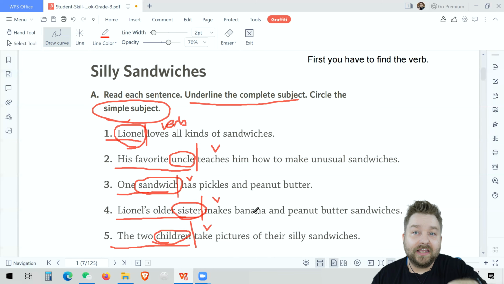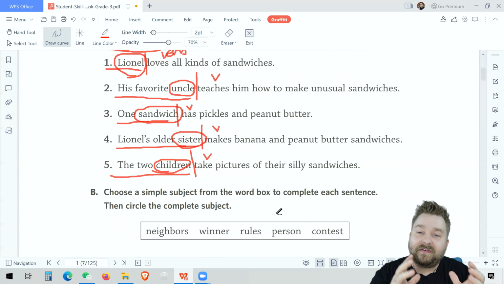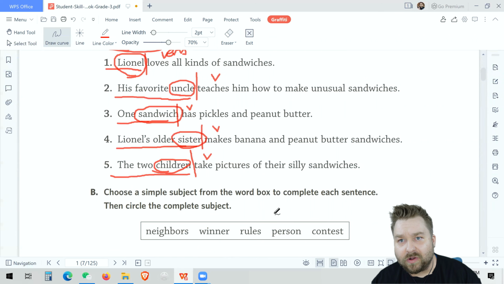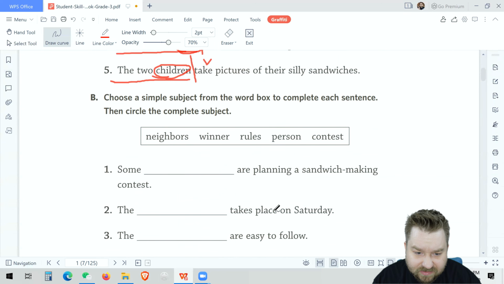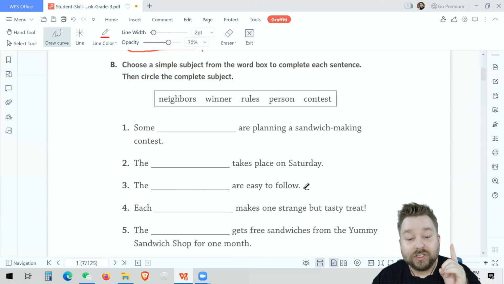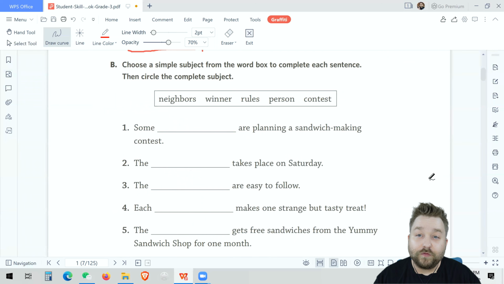It's okay. Now that we've learned how to find the simple subject and the complete subject, let's practice some more. I think this is verbs, right? No, these are subjects. Should have looked again. Next part says, choose a simple subject from the word box to complete each sentence.